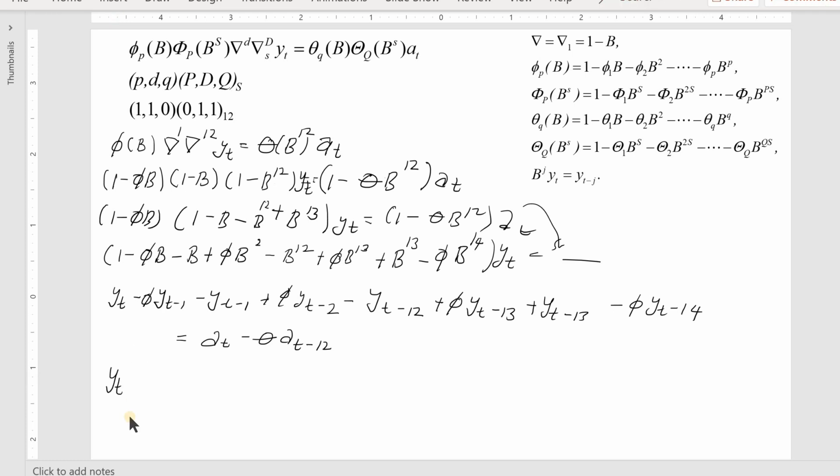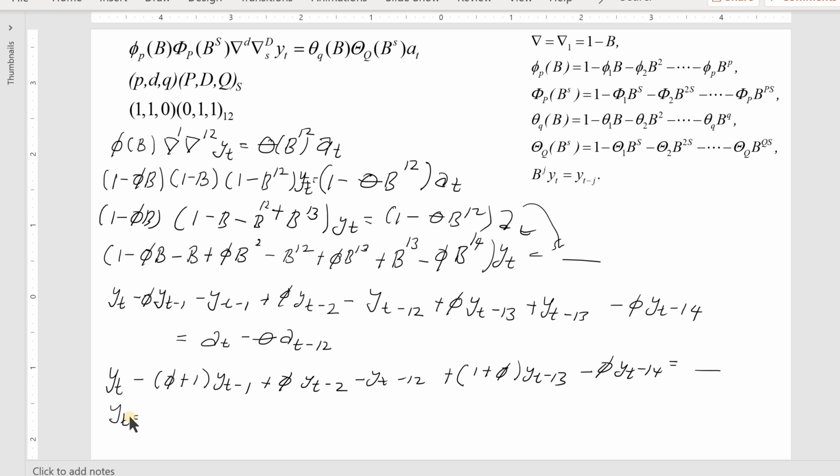First we can simplify the equation: YT minus 1, positive here, and then YT minus 2, and then YT minus 12, and then simplify for YT minus 13, and then YT minus 14, equal to at.